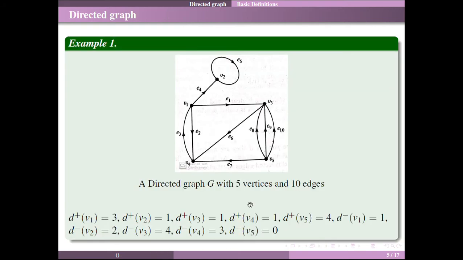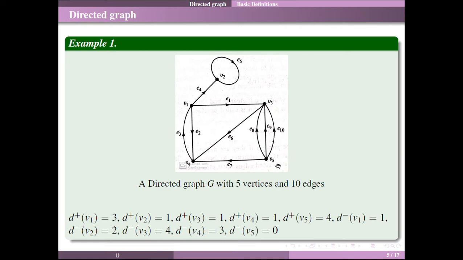We see an example here. This is a directed graph G with 5 vertices and 10 edges. If we consider the vertex V1, its in degree is 1 which corresponds to the edge E3 and out degree is 3 which corresponds to the edges E4, E1 and E2. So we have d plus of V1 is 3 and d minus of V1 is 1.